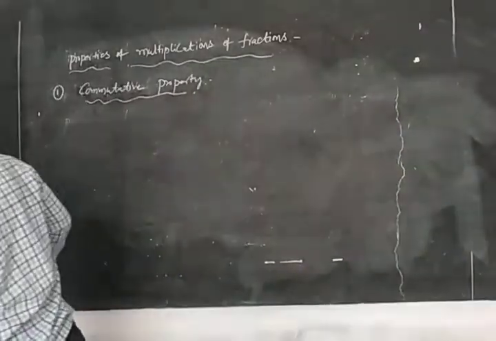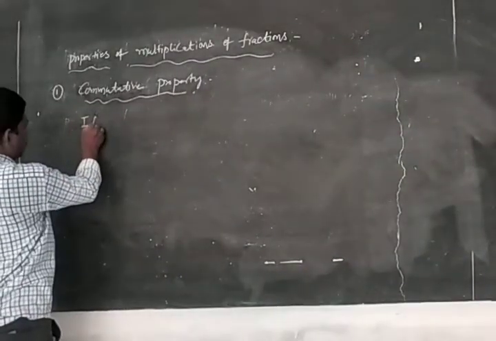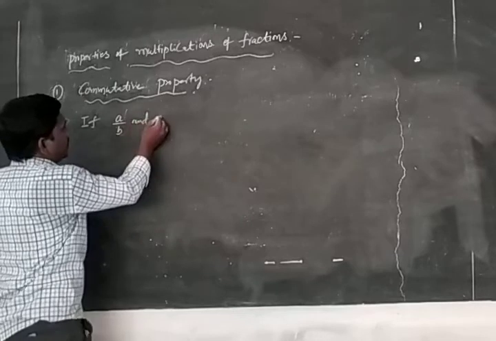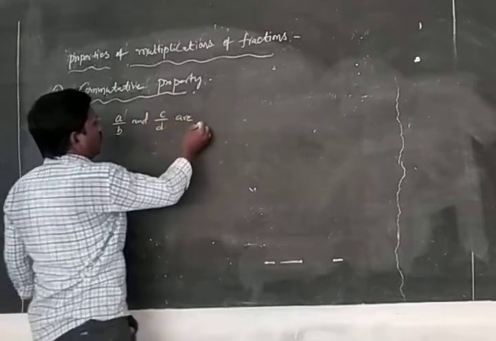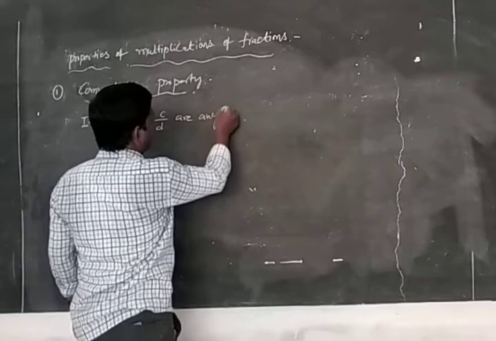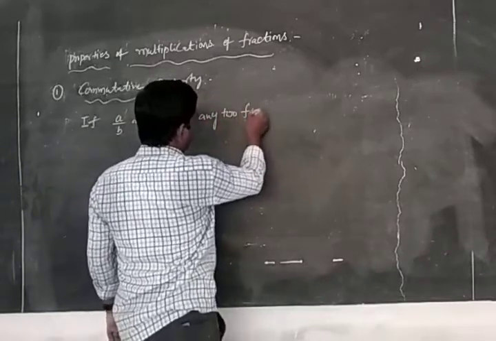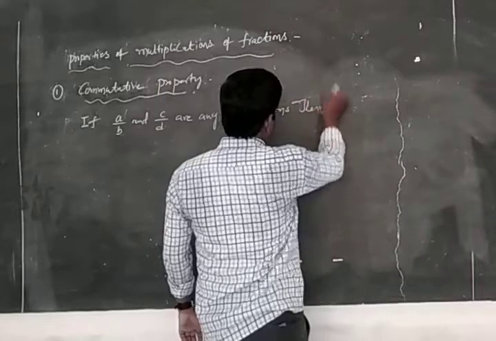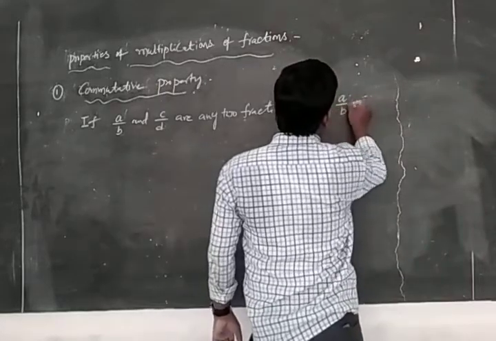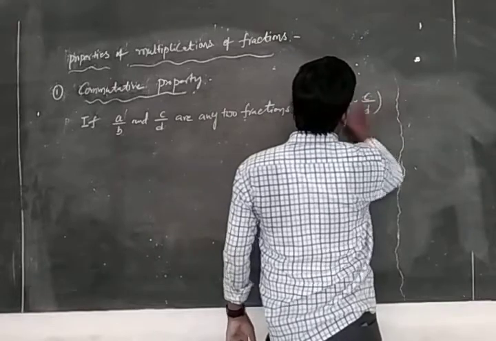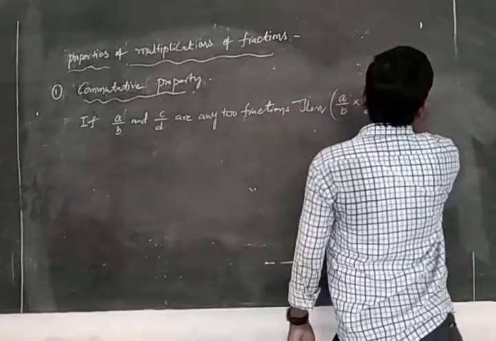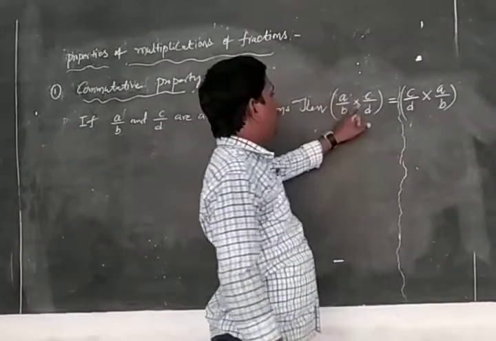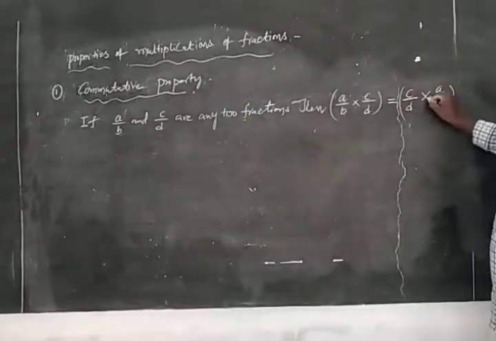As well as in multiplication also, if a by b and c by d are any two fractions, then a by b into c by d equal to c by d into a by b.